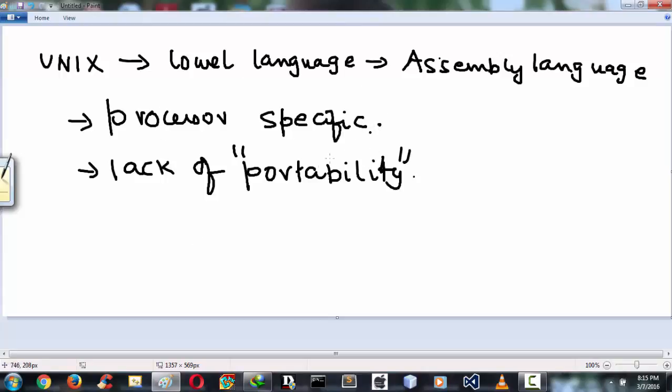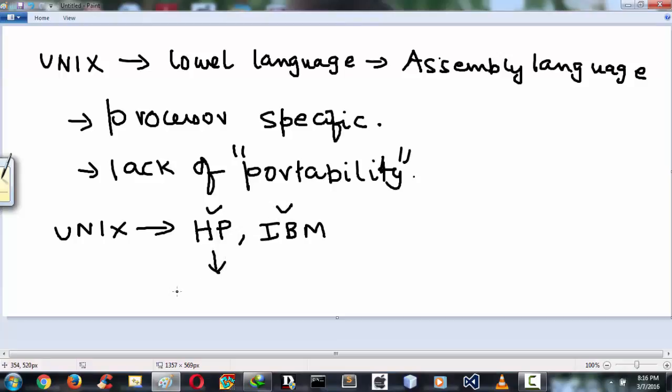For example, if they have to port the Unix operating system to a huge machine like HP or IBM, which use different architectures, they need to design a new Unix operating system based on the processor architecture of the HP machines, and also rewrite the entire operating system again using IBM's processor assembly level language.